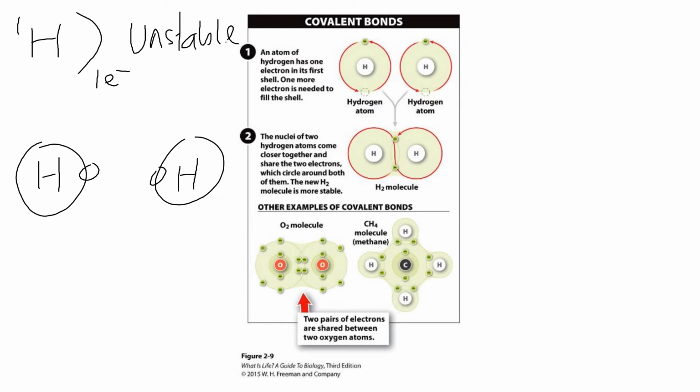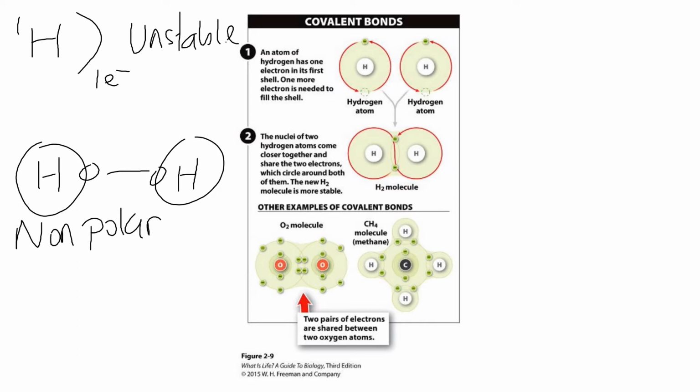So those 2 hydrogens are going to share their electrons together. By sharing their electrons, they're both going to become stable. This bond that I drew between the two hydrogens holds those two hydrogens together, and we call it a nonpolar covalent bond.